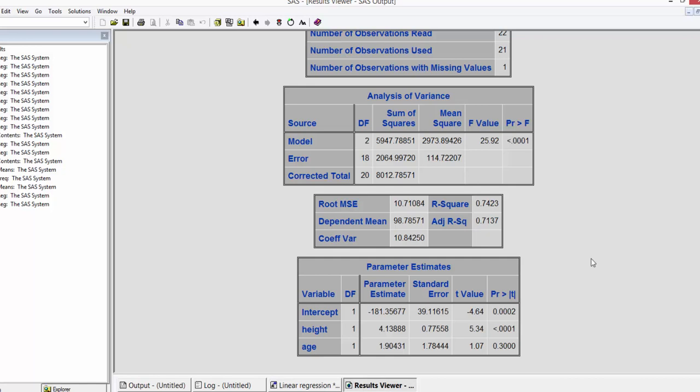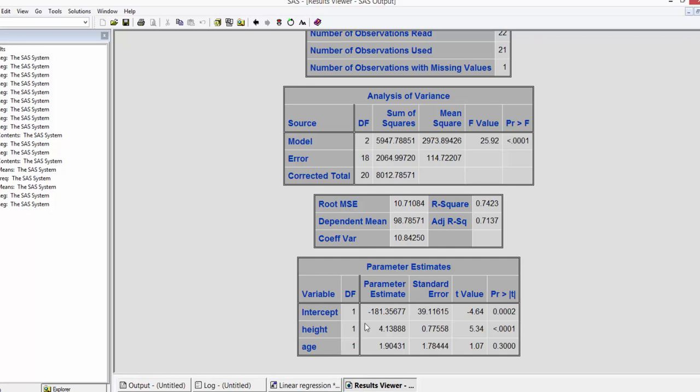So 71% is the percentage of variation that is being explained by the model. Down below you will find the parameter estimates, and that's where we will be able to find the intercept and the slope coefficients. We have two independent variables, so we will have three estimates.